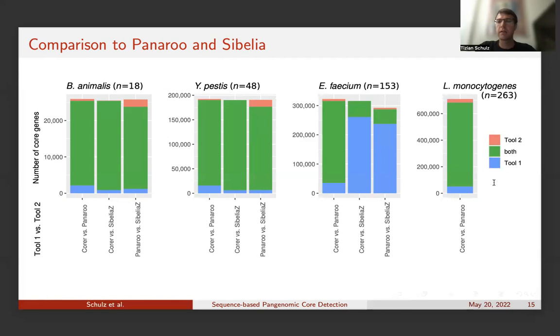For the largest data set of monocytogenes, SibeliaZ was reporting a core that was so small that there were no genes inside this core at all. So we omitted to show the bars here.